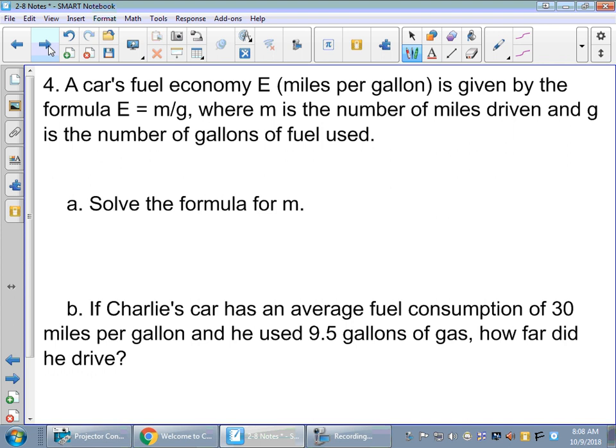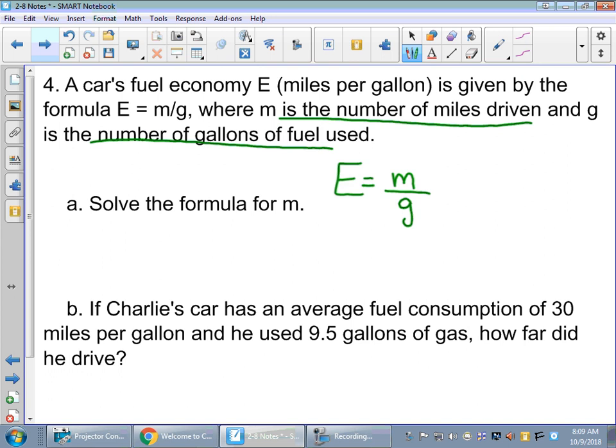Here's a word problem. A car's fuel economy, E, in miles per gallon, which tells you how many miles you get per gallon of gas, is given by the formula E is equal to M divided by G. M is the number of miles driven, and G is the number of gallons used. That's how you figure out your car's fuel economy. Right now it's set up in terms of E, but they want you to solve for M, and then we can use it for part B. To solve for M, we want to get M by itself.